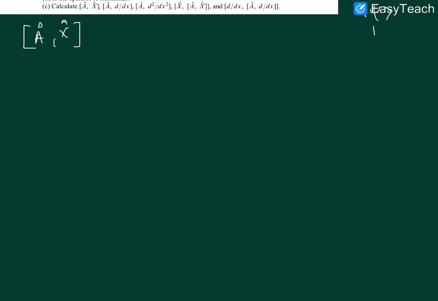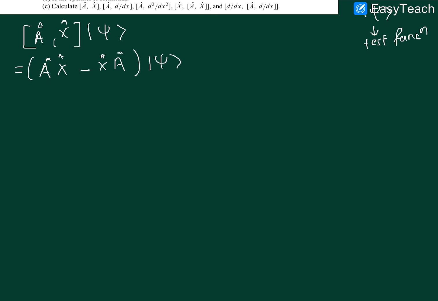Let's say we have a test function psi. So we apply this test function on the commutator. Expanding the commutator, we have a x cap minus x cap a cap. Now put the values of a. We have given a in the question as x cap d by dx plus 2.